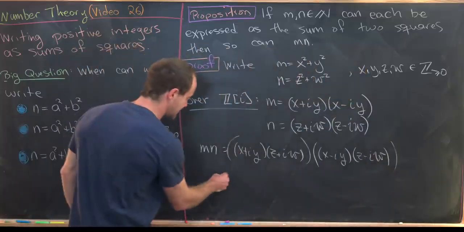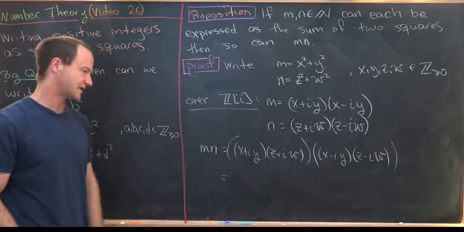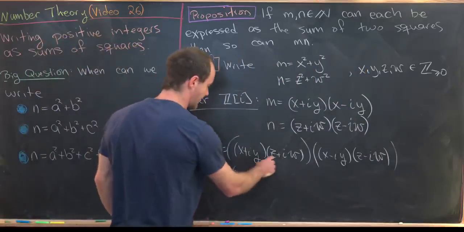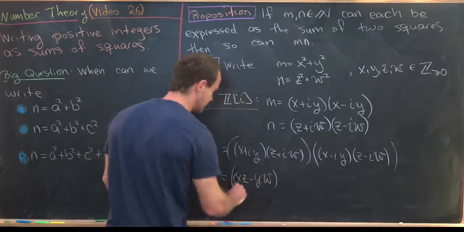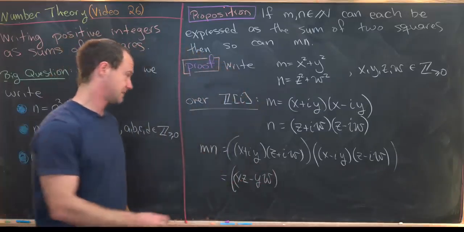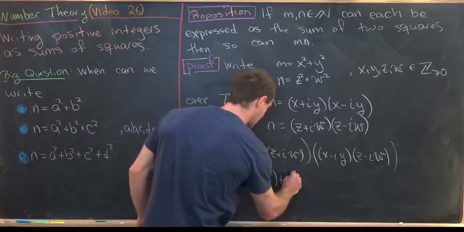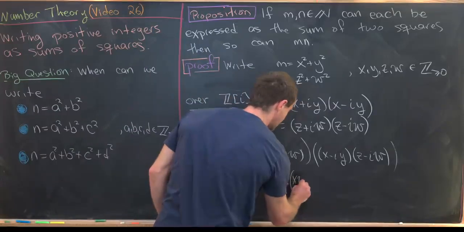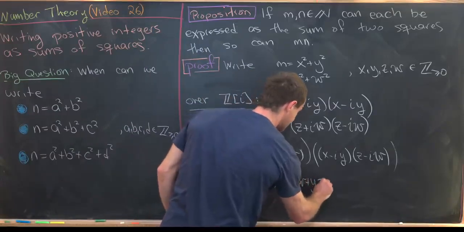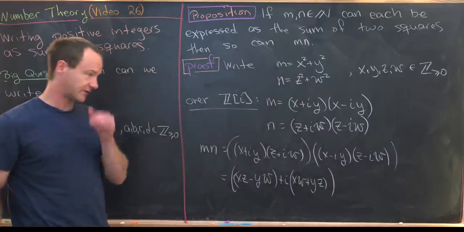Now let's multiply each of these kind of larger sets of parentheses out. So here we'll have xz minus yw. That'll be the real part. And then plus i times (xw plus yz). Okay, so that's the first bit.